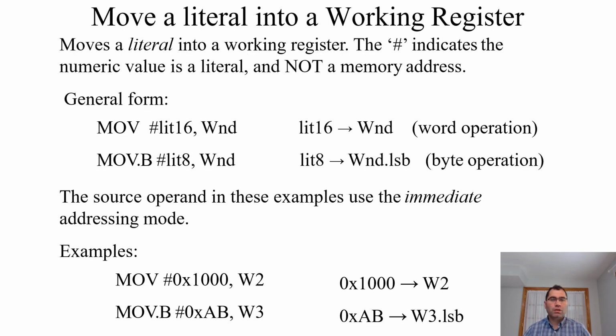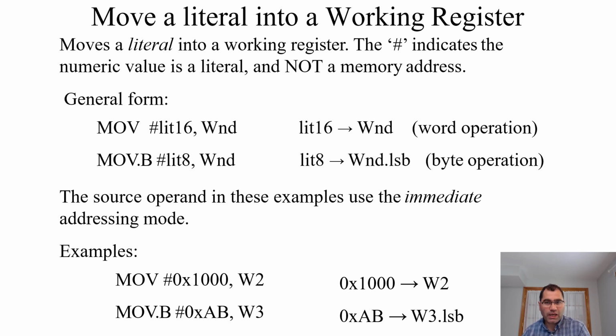Okay, so let's talk about literals. So far we copied the content of either a file register or working register into another working register or file register, right? But we can copy a literal into a working register, and literal means a constant value, okay?